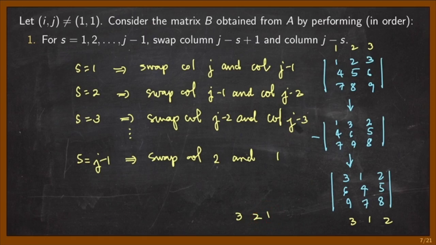That's why we are doing the column swapping one at a time. The moment the jth column reaches the first column, this method does not disarrange the relative positions of the other columns.